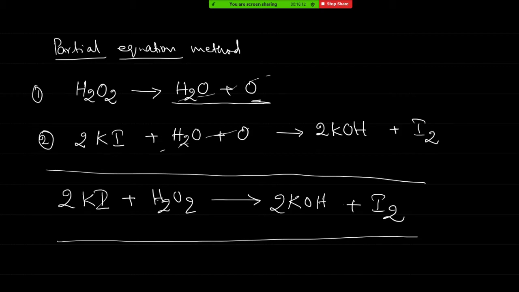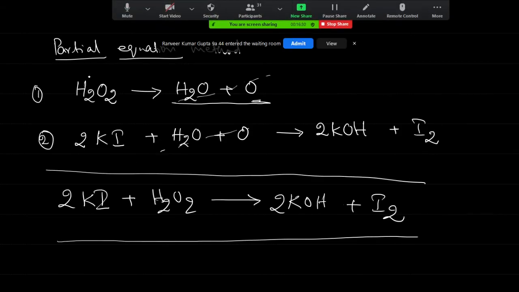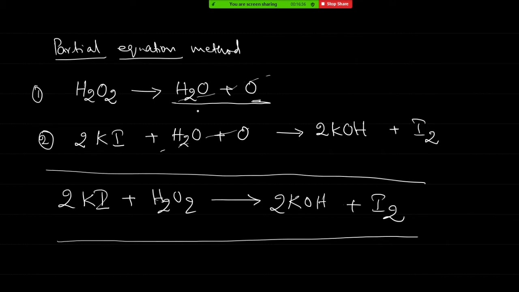The hit and trial method is suitable for simple equations. The partial equation method is suitable for some equations where we can understand the mechanism of the reaction. A certain reaction can take place in steps. Like here, the decomposition of hydrogen peroxide will take place, and this water and nascent oxygen is going to react with potassium iodide.